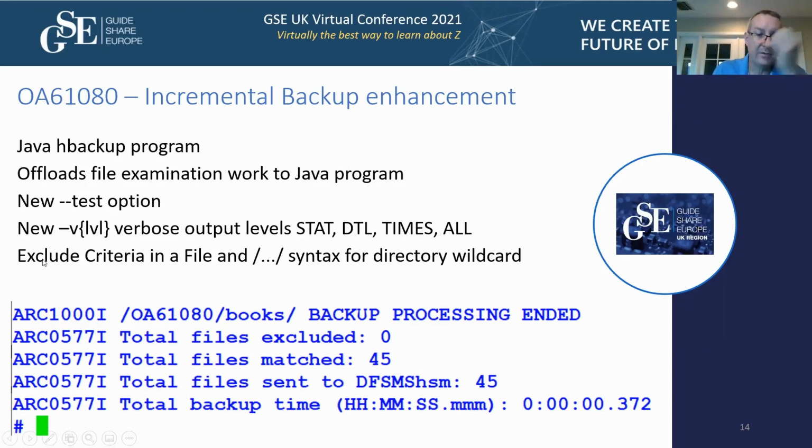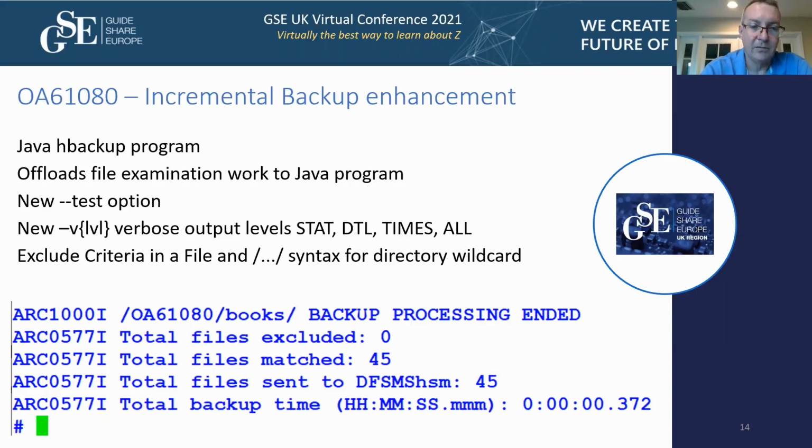Last, I wasn't very happy with the existing exclude criteria, and we also had a lot of requests for being able to specify the exclude criteria in a file. This Java program supports that, and it additionally added this // type syntax, which is a wildcard for directories.